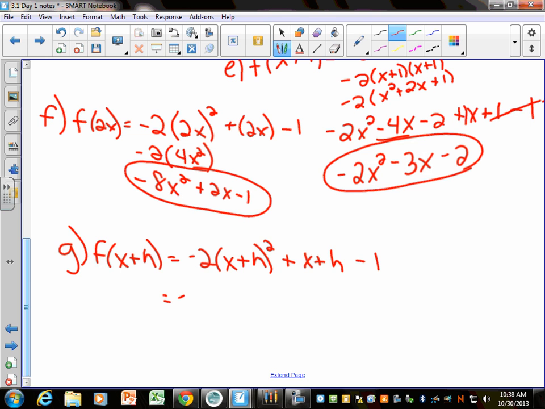So again, I'm going to FOIL this. So I get x squared plus x times h plus h times x, or x times h plus x times h is just 2x times h, plus h squared.